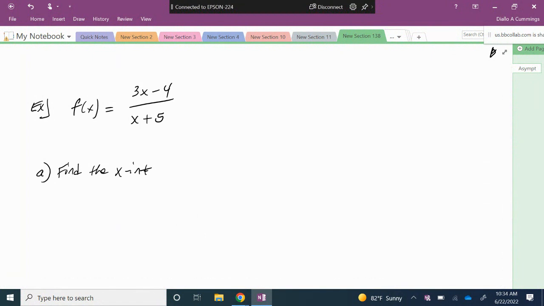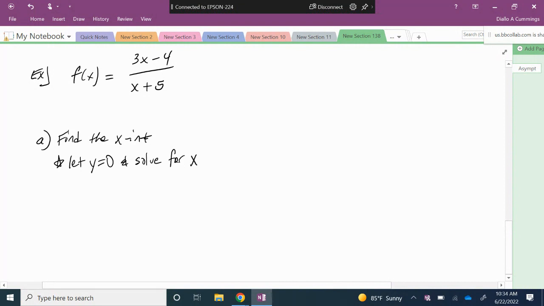So in order to find the x-intercept, we're going to let y equal 0 and solve for x. So we're basically going to take this rational equation, set it equal to 0, and we're going to solve.